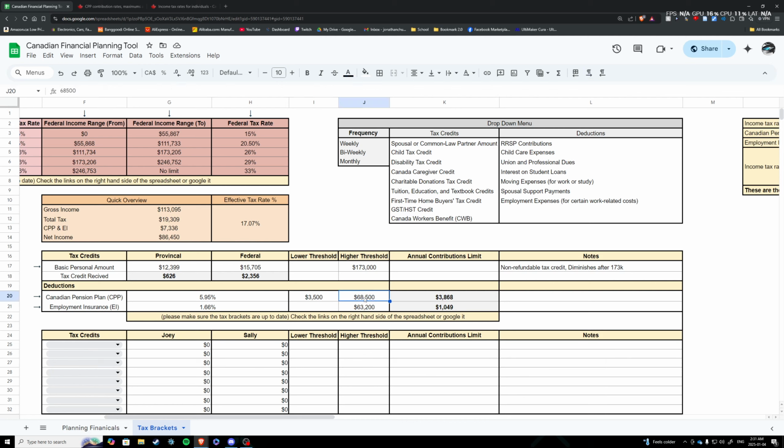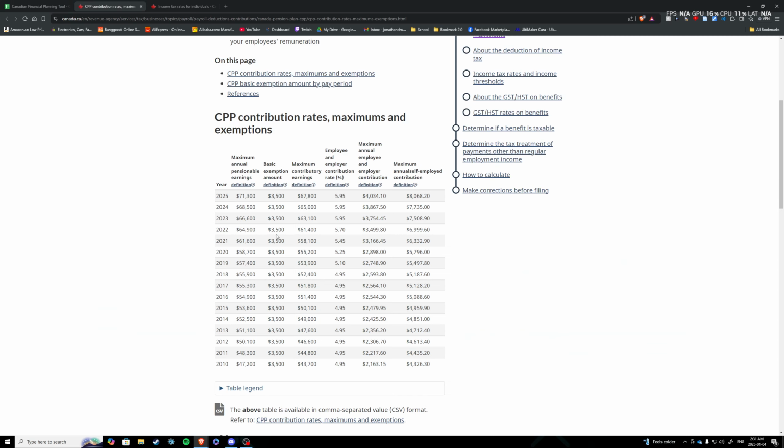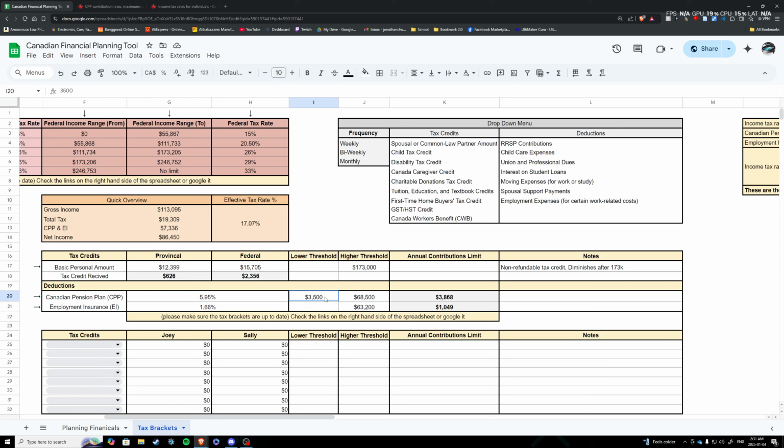Let's just go in order, I guess. So this value here, you can find this value right here. So that's your maximum annual pensionable earnings. Take this value, put it here. Then your basic exemption amount's 3,500. I'm going to take that 3,500, stick it here.